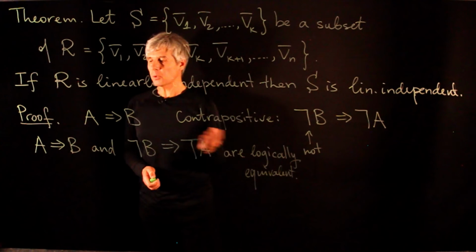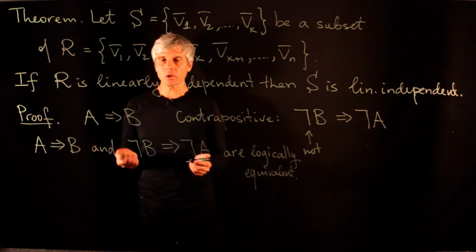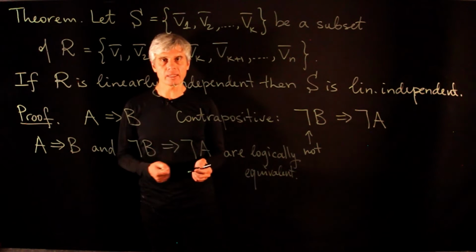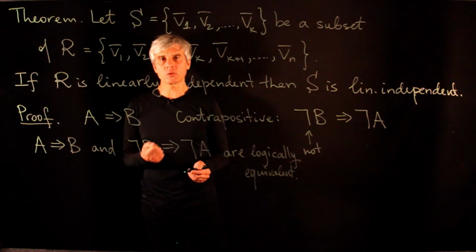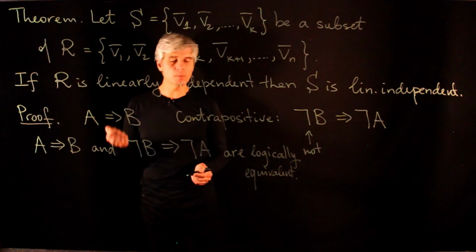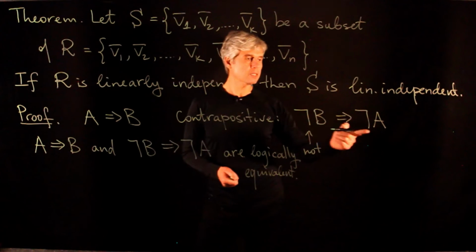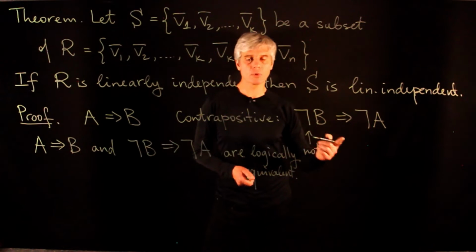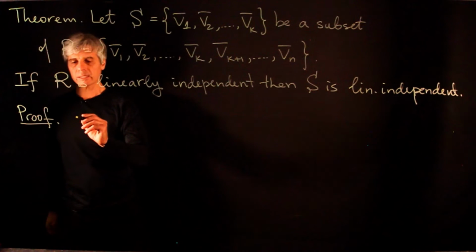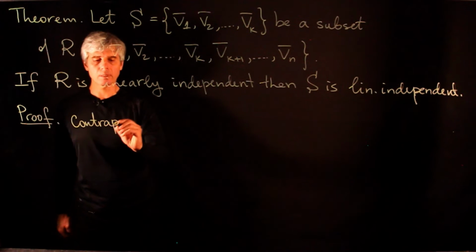And why do we want to switch to a contrapositive here? Why not prove the original? It's because it's easier to formulate what it means for a set to be linearly dependent than to formulate what it means for a set to be linearly independent. So it makes sense here to switch to negations. Now, let us write down the contrapositive to this statement.